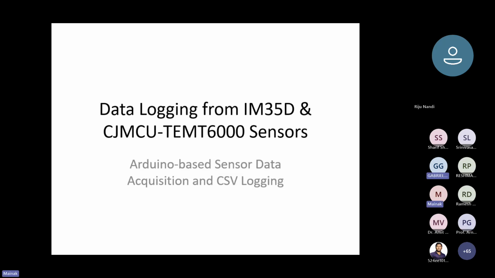Okay, so I'm discussing the part on data logging from the temperature sensor and the EDN sensor. For that, I am using the LM35D, which is the temperature sensor. That shows the analog value only. And for the EDNs, we are using the ambient light sensor, that is basically the PMT 6000. So moving forward, what is the objective?